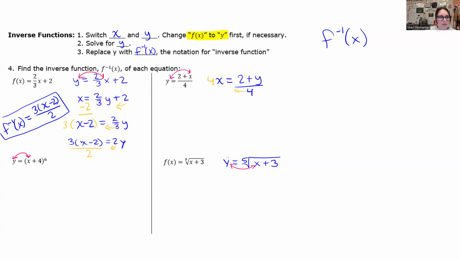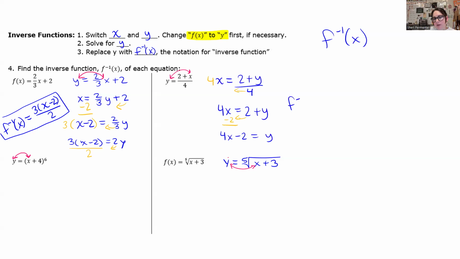And rewrite. So I get 4x is equal to 2 plus y. Only one more step to get y by itself. I have a positive 2, so I'm going to bring over and subtract 2. So I get 4x minus 2 equals y, but I have to rewrite it as an inverse.